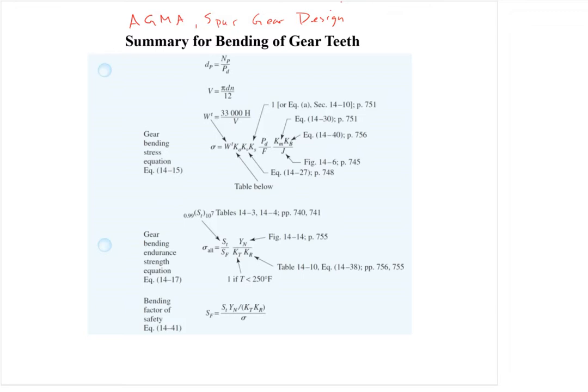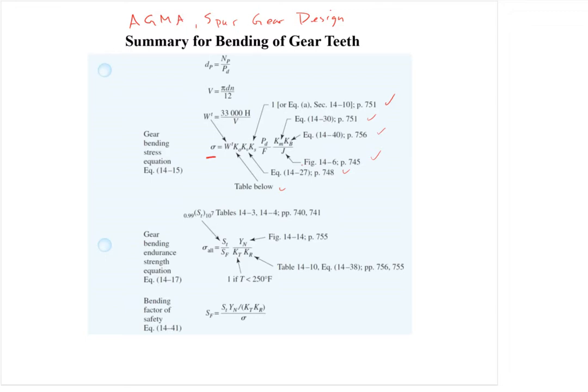So they do actually point it out to you, but you see that they're cross-referencing, just in this stress equation here, stuff from a table below, multiple equations. It's just very complicated, very involved.